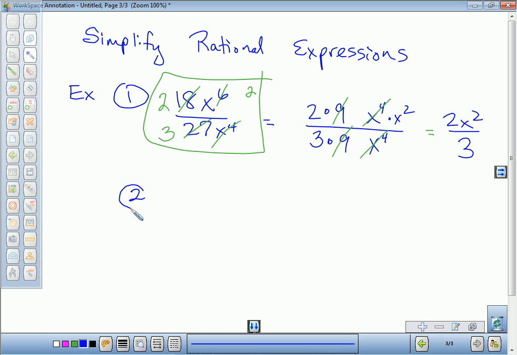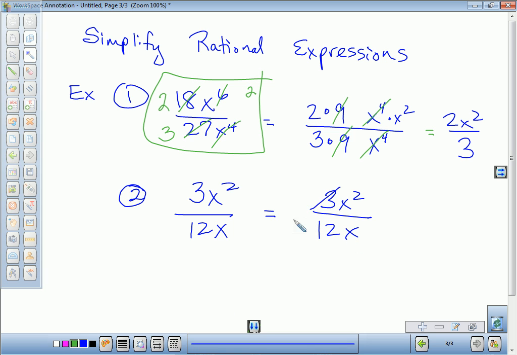Okay? Example 2. 3x squared over 12x. Okay, is there a number that divides into both 3 and 12? 3. Okay, so that's how I would do this. I would think 3 goes into both of these. So 3 goes into 3 how many times? 1 time.